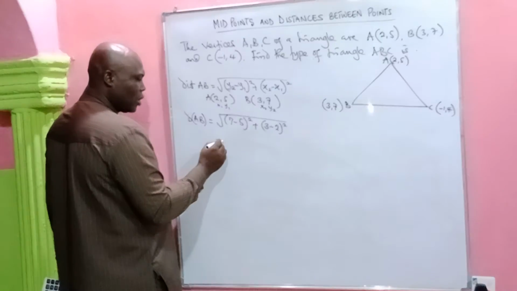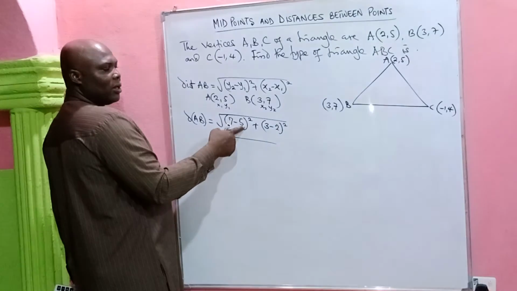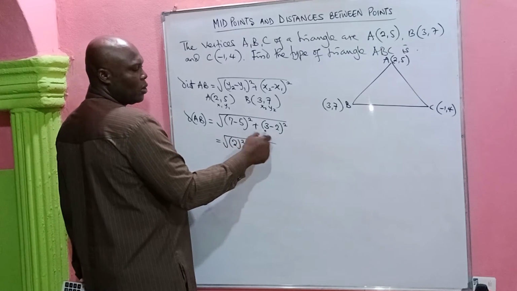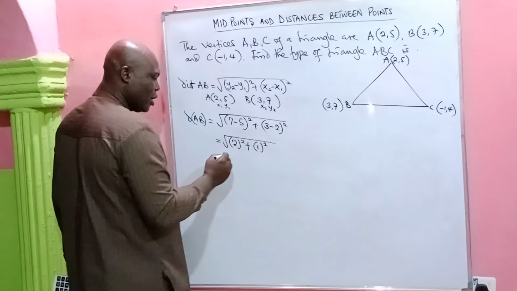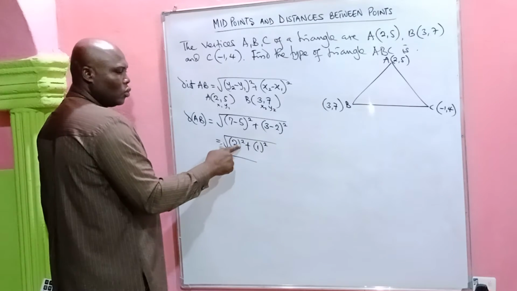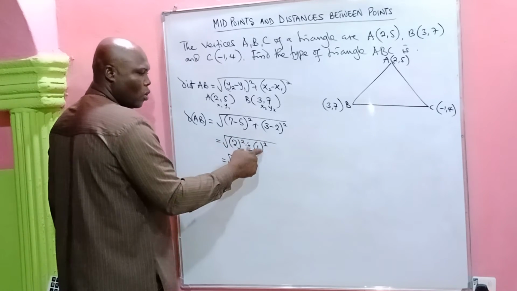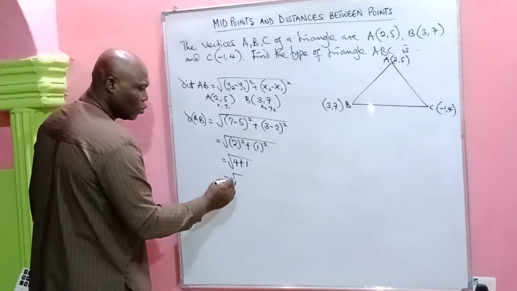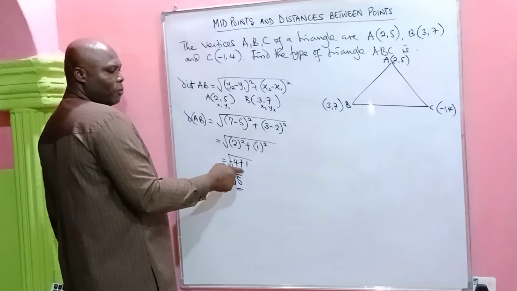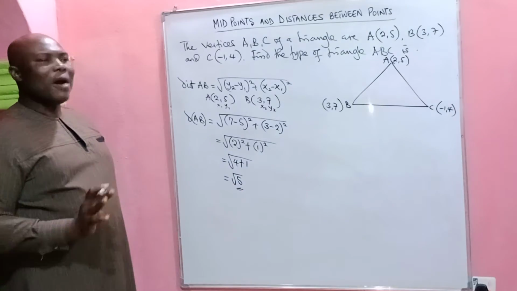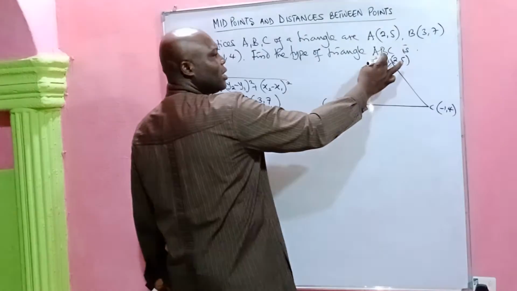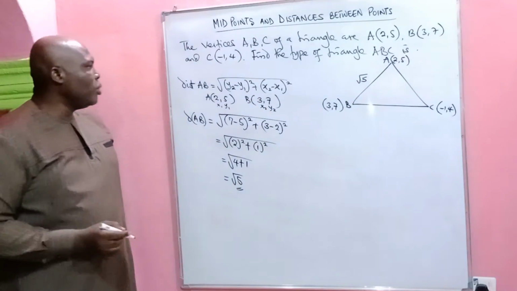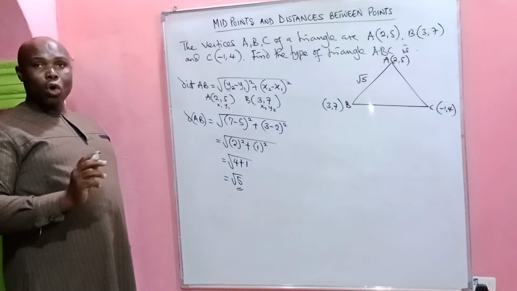So we are simply going to have the square root of 7 minus 5, that will be 2, all squared plus 3 minus 2, that will be 1, all squared. So we are going to have the square root of 2 squared is 4 plus 1 squared is 1. So the distance AB will simply give us root 5, because 4 plus 1 is 5. We have been able to compute the distance AB. We are done with that.